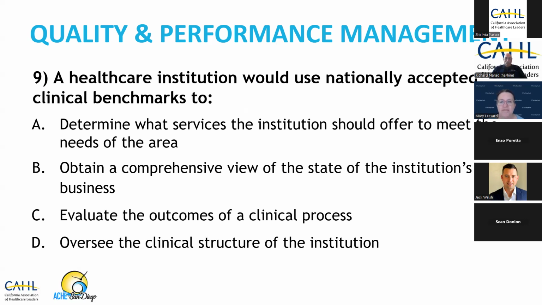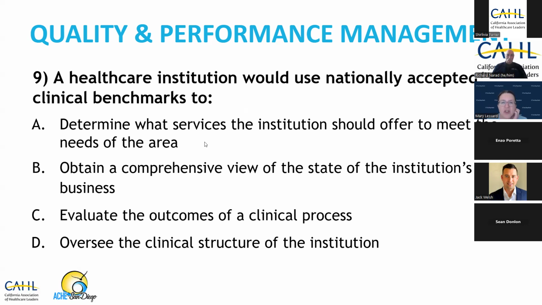So, as a process of elimination here, the question is talking about clinical benchmarks, and B, from my perspective, is not really addressing anything clinical. So I'm going to eliminate B as a possible answer.